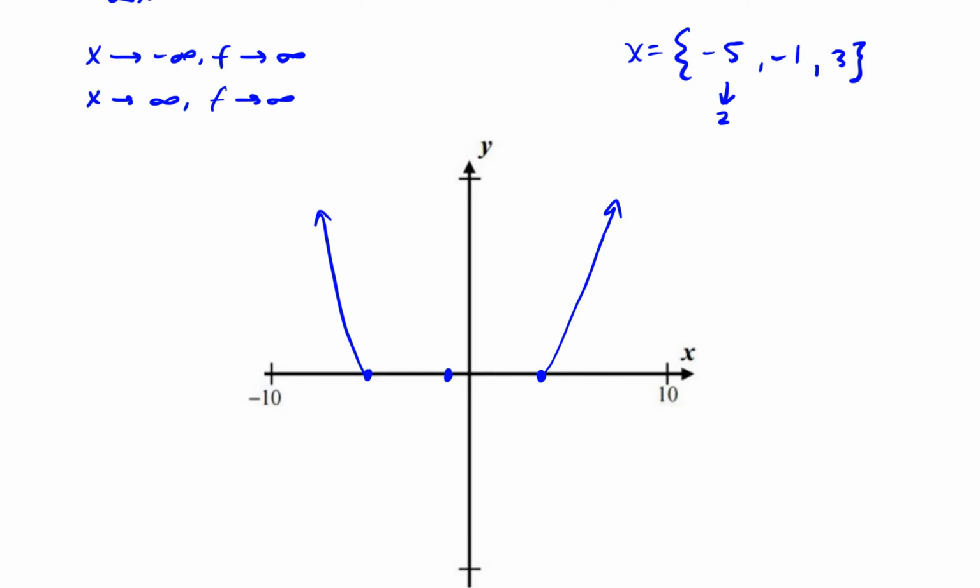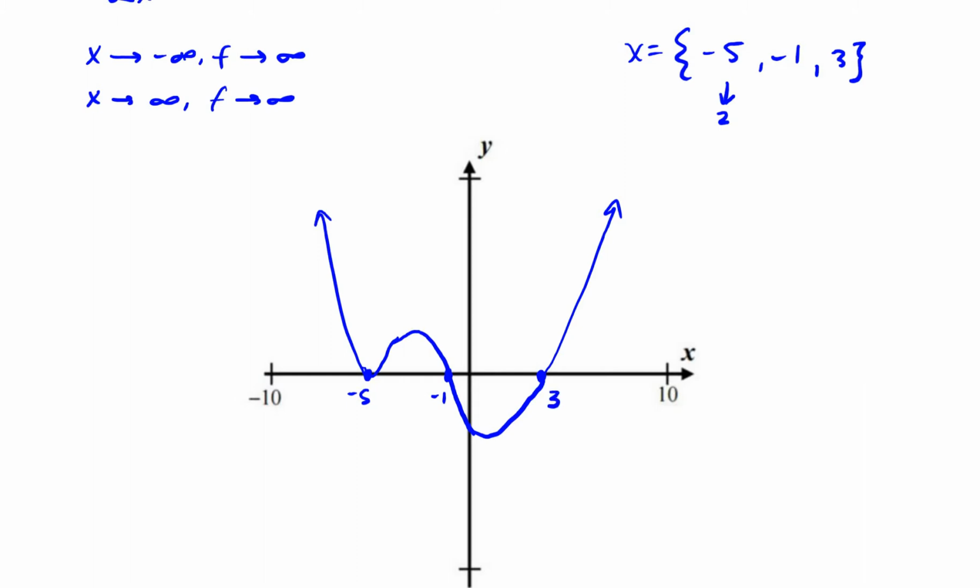The zero of negative 5 has a multiplicity of 2. Even multiplicities are going to be tangent or bounce off of the x-axis, so it's going to come up there. Negative 1 is an odd multiplicity, so it's going to pass through. So is positive 3, so it's going to pass through.